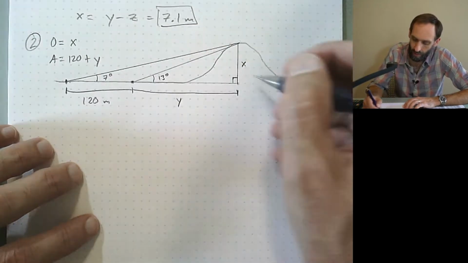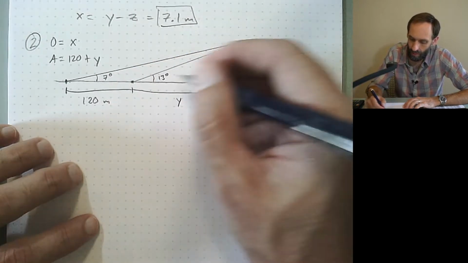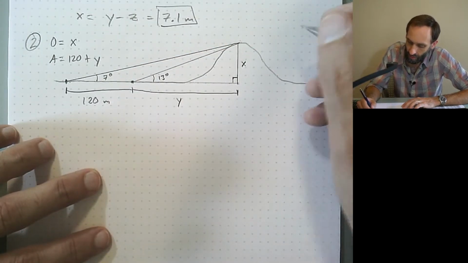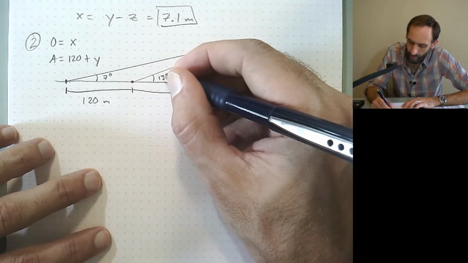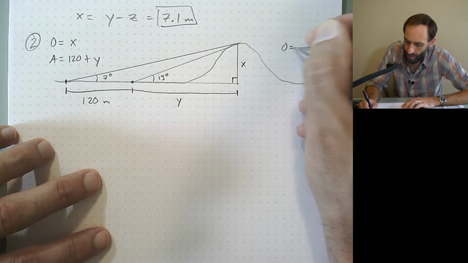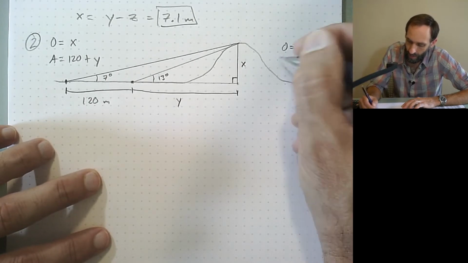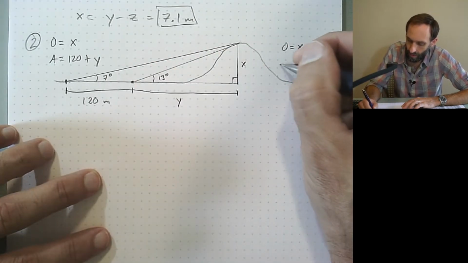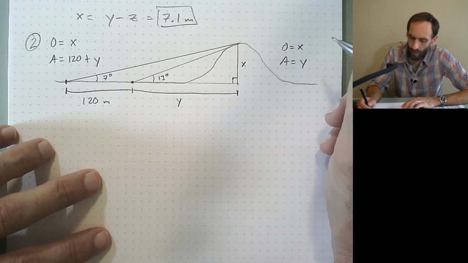So we got the big right triangle with a 7-degree angle, now the smaller right triangle with a 13-degree angle. For the smaller right triangle, the length opposite the 13-degree angle is once again x, and the adjacent length is y.